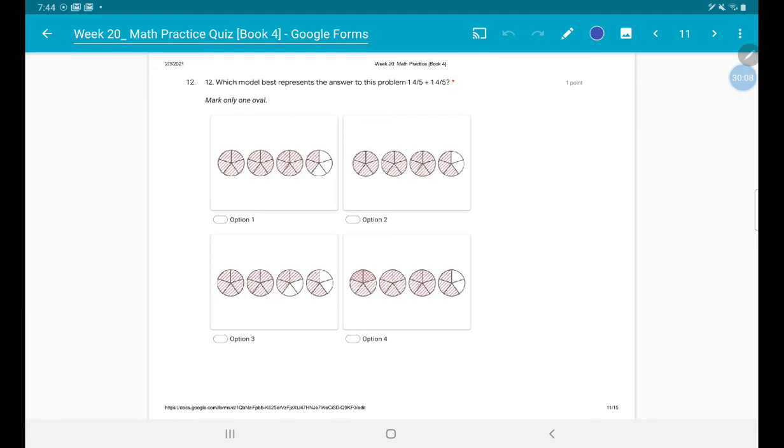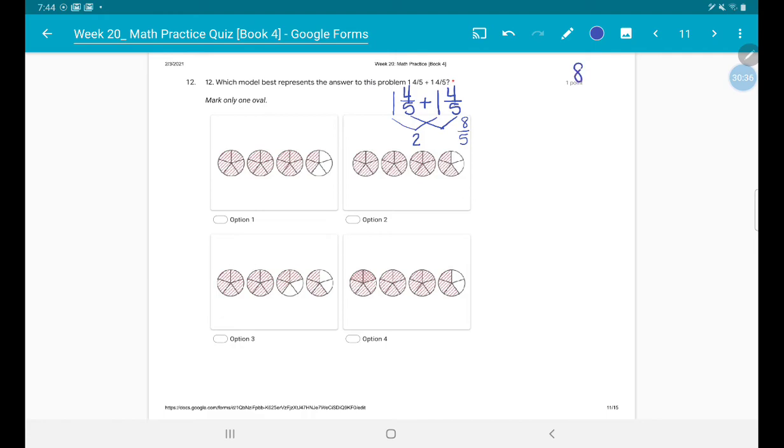Moving on to number 12. Which model best represents the answer to this problem? I have 1 4/5 plus another 1 4/5. So if I add my wholes together, 1 plus 1 is 2 wholes. 4/5 plus 4/5 is 8/5.